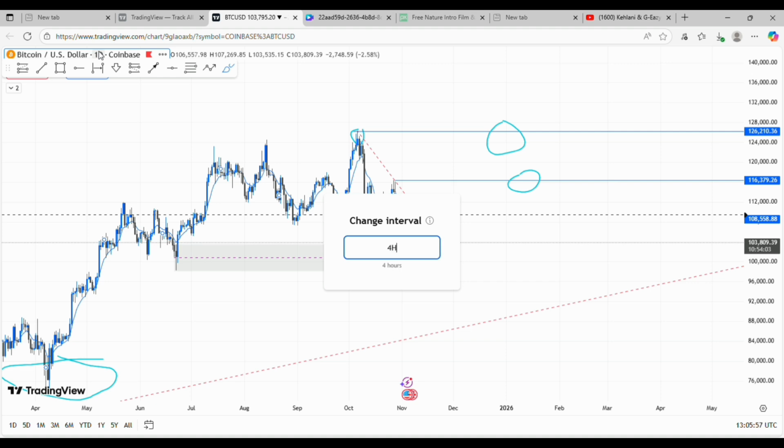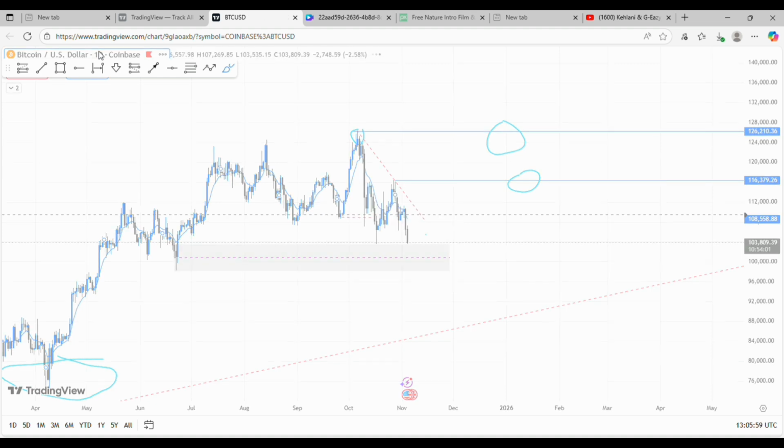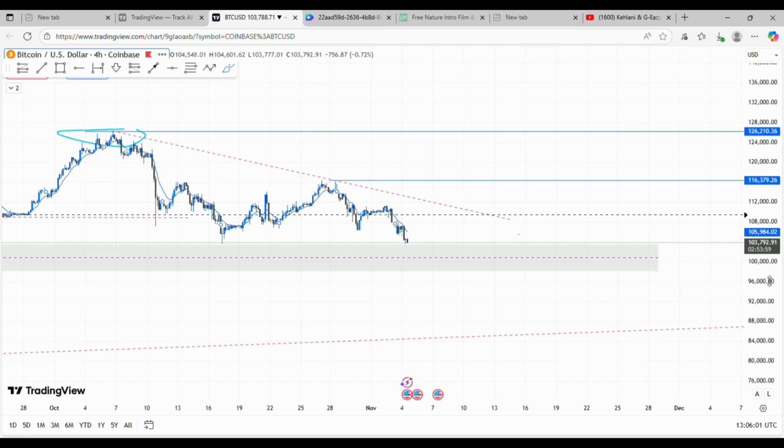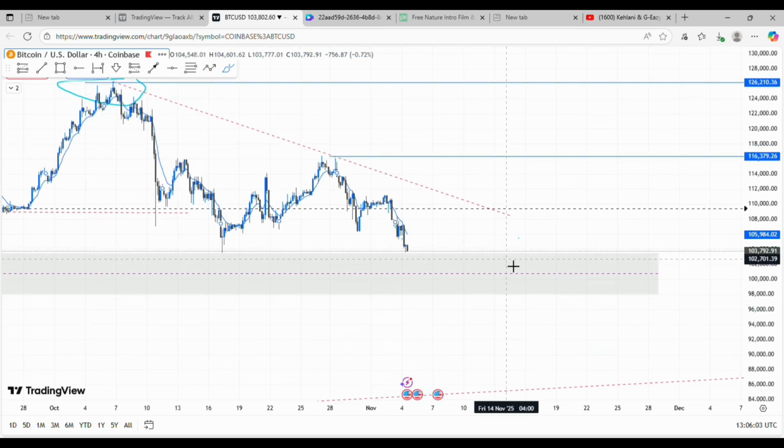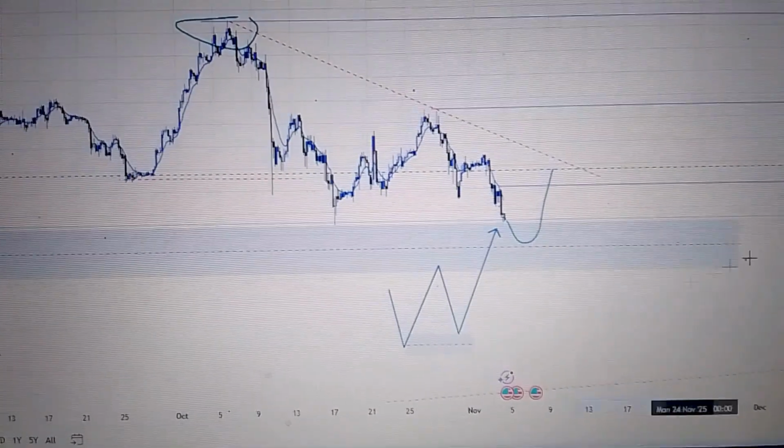So if the market reverses like this, if it gives me signs of reversing like this, what will I wait for? I will wait for a structure like this. I will wait for the market to break right here.